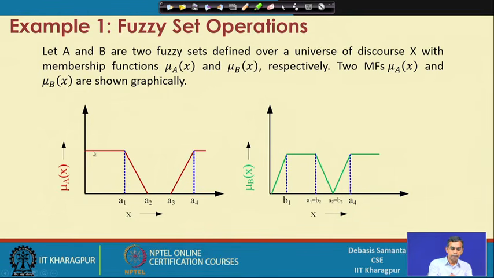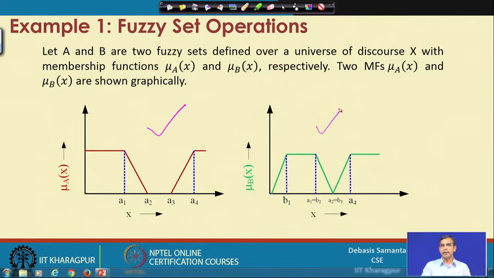This figure shows the fuzzy set A, whose membership function is shown by this graph, and another fuzzy set B, whose membership function is shown using this graph. Now, we want to find many operations, like say union, intersection. In order to find the union or intersection, of course complement is not required here, only union and intersection, let us suppose.